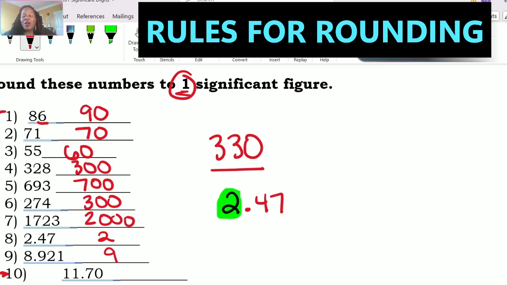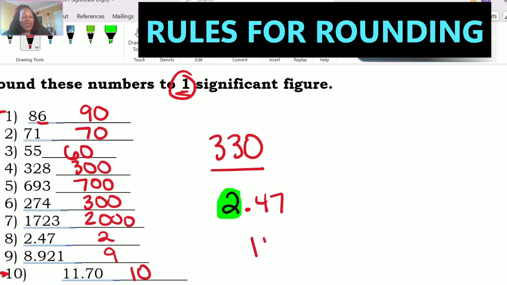And the last one, 11.70. I only need one significant digit. I knew y'all were going to say 12. No. The answer is 10. And I know you're saying, how?